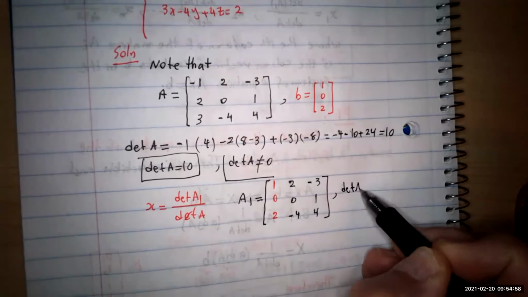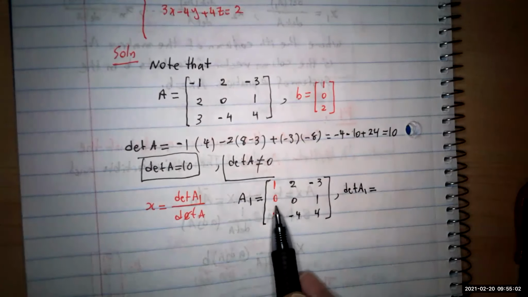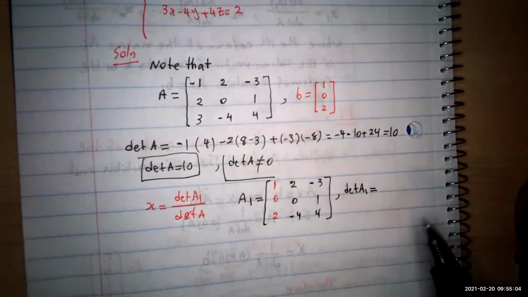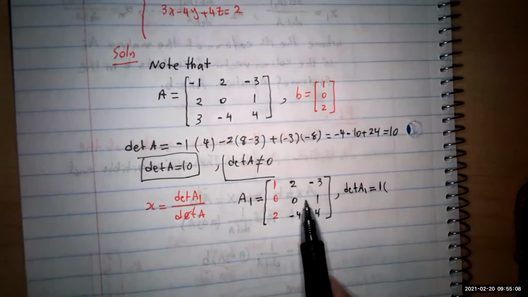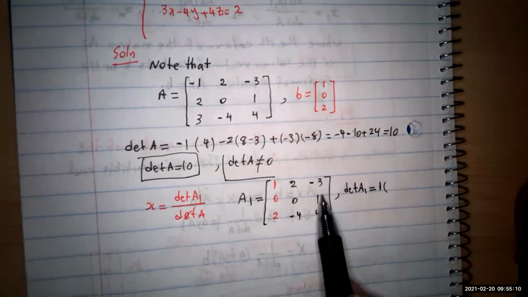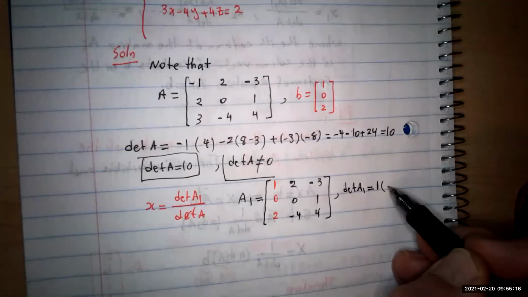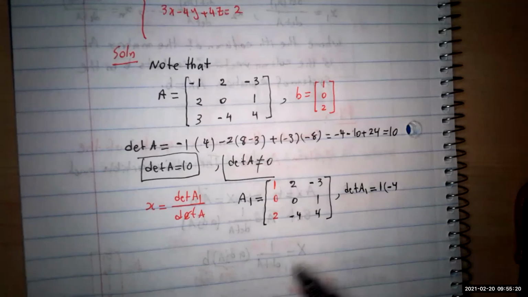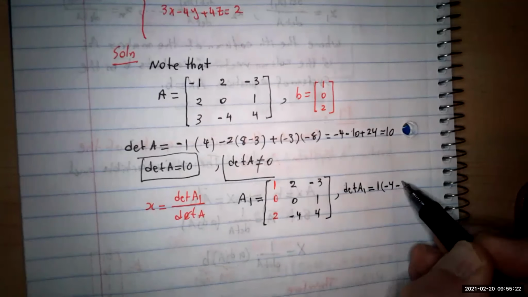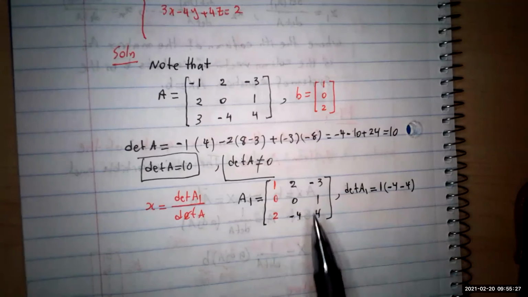So the determinant of the A1 is going to be equal to, use this row. This would be 0, 0. So the entry is 1 times, eliminate the second row and the third column. So the resultant matrix is going to be 1 times -4, which is -4.